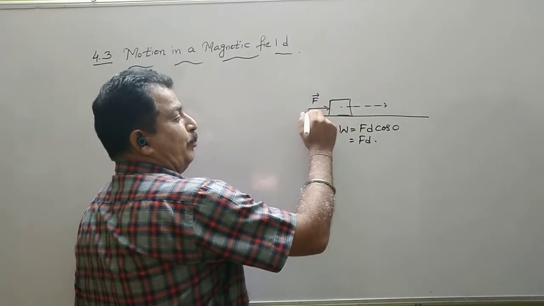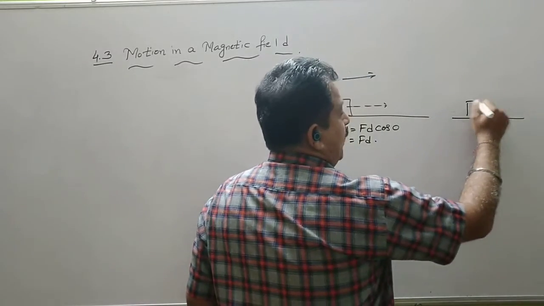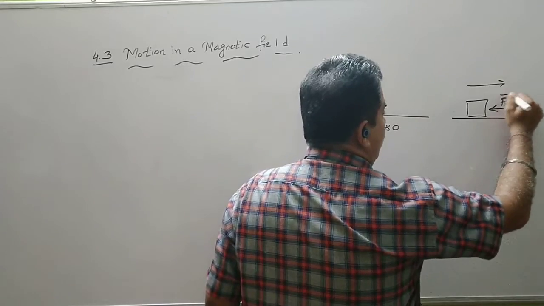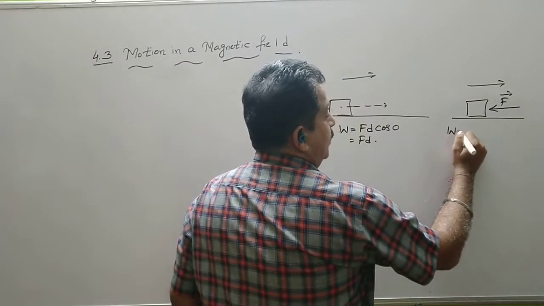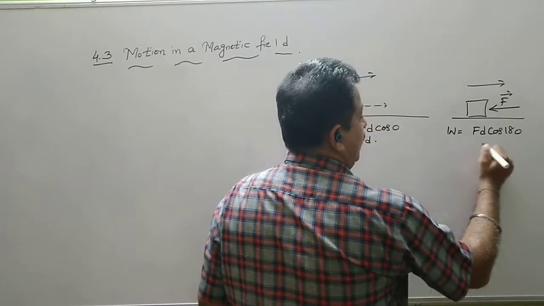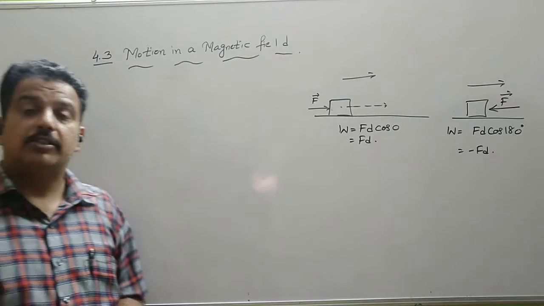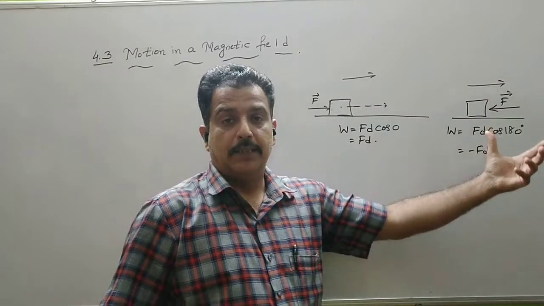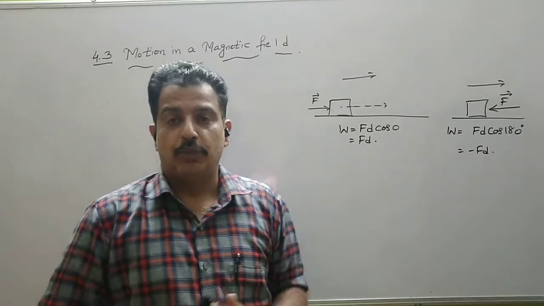Similarly, here the component is in the direction of the motion of the object. Suppose the object is moving and the force is applied opposite to it. Then W can be written as F d cos 180 degrees, which is equal to minus F d. That is, the work is done against the motion of the object.